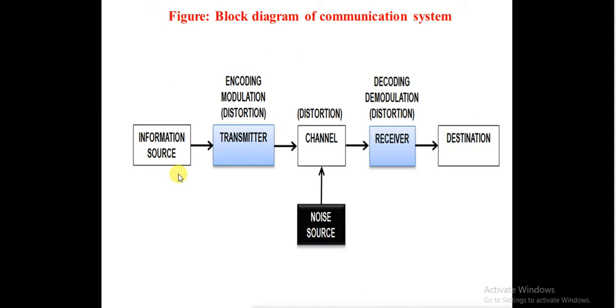So how will we convert the physical information to electrical information? This can be done by using a transducer. What is a transducer? A transducer is a device which will convert a physical quantity or physical signal into an electrical signal and vice versa.